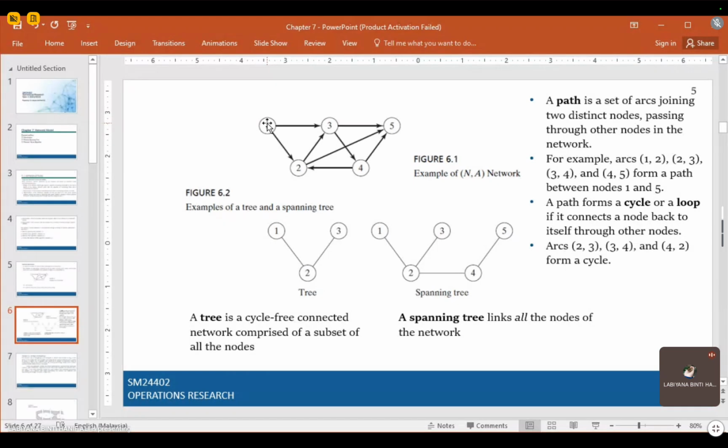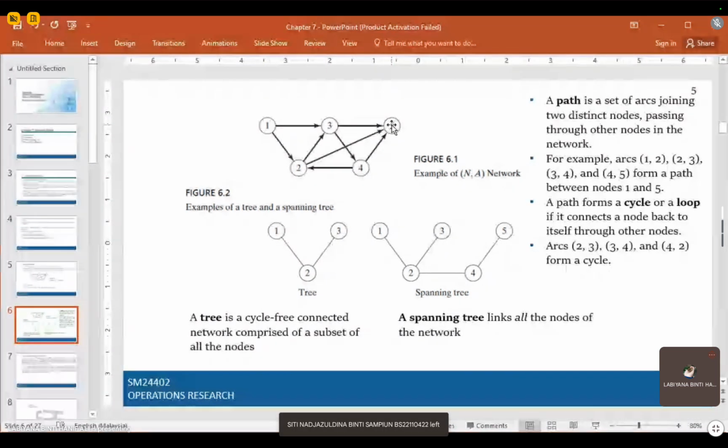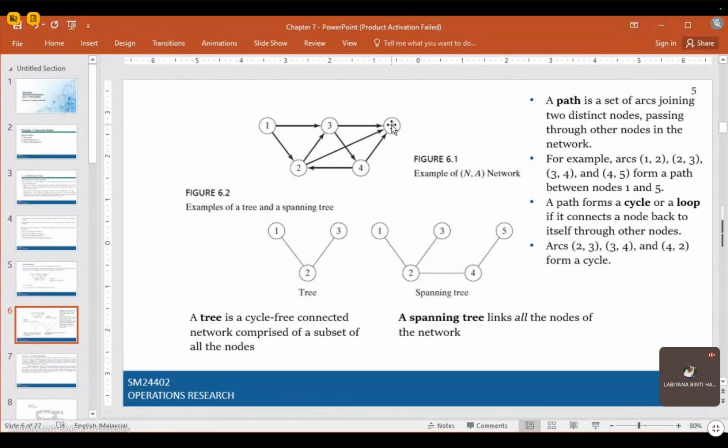So from 1 to 5, we can go from 1 to 2, 2 to 3, 3 to 4, and 4 to 5. A path is when they want to connect the first node to the last node. So we can use this path: (1, 2), (2, 3), (3, 4), and (4, 5).